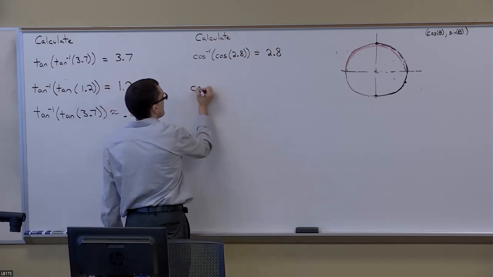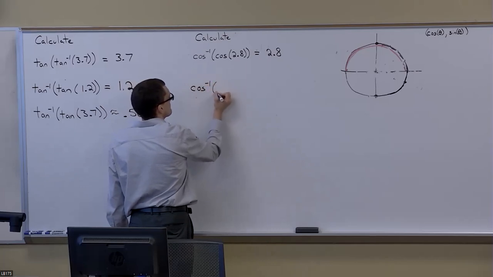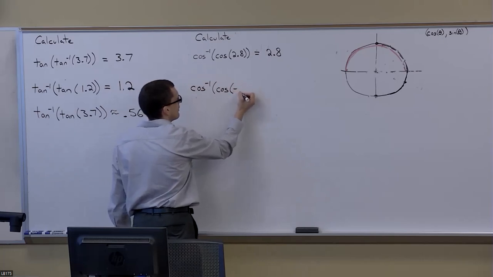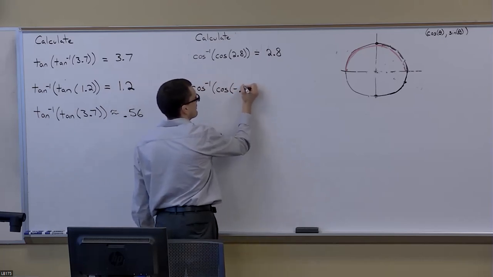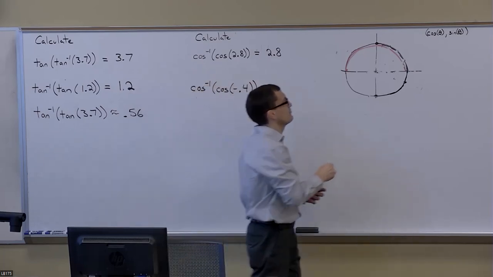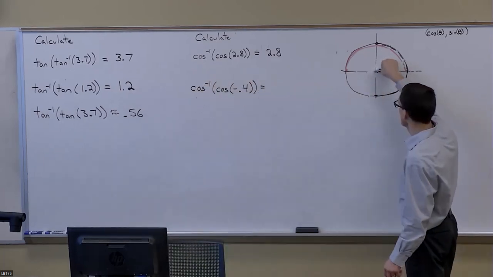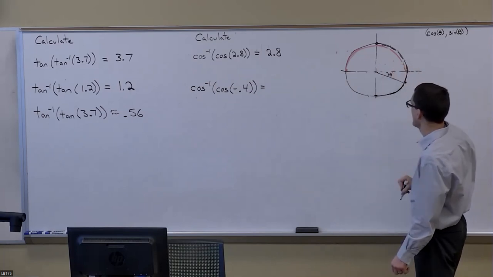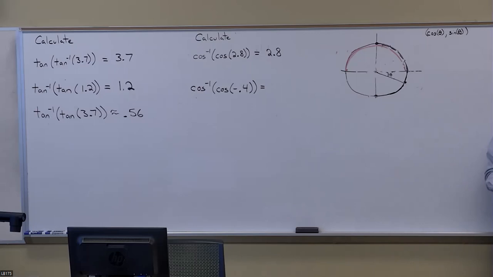But if I take cosine inverse of cosine of negative 0.4, negative 0.4 radians is in quadrant 4, puts us into quadrant 4.